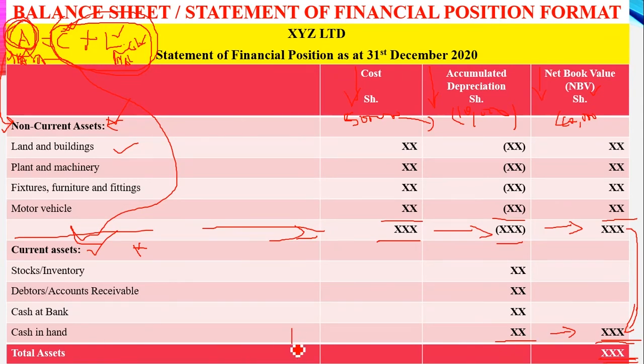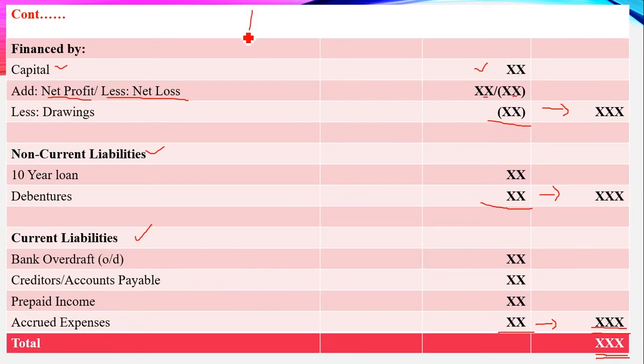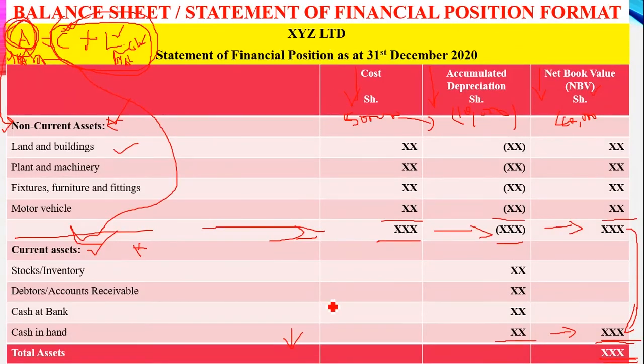From total assets here, you should continue downwards, and whatever comes after that is financed by. So it's just a continuation. It's 1 page, so you end up at this particular point. This is the vertical format of a balance sheet, and it is a standard format that is used when you're preparing a balance sheet at any given point.